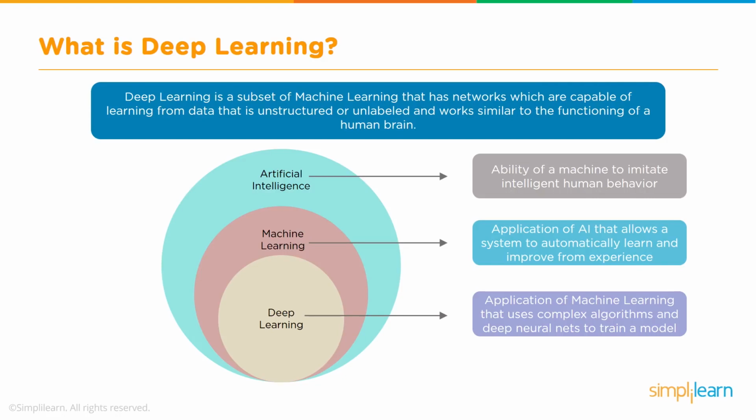Within machine learning, a subset is deep learning. Machine learning is a more generic concept, and deep learning is one type of machine learning, if you will. We will see a little later in the following slides in more detail how deep learning is different from traditional machine learning.